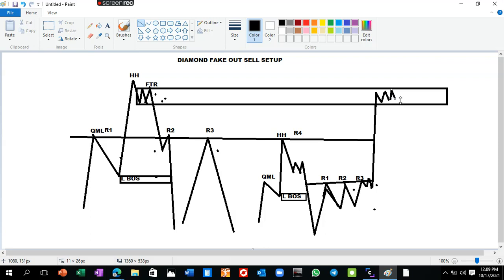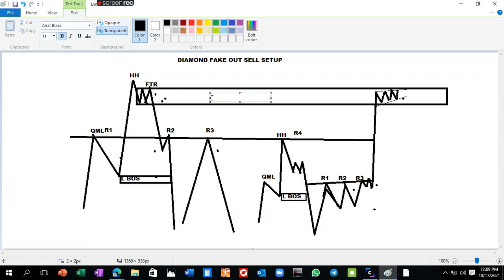Since we know the market is approaching our supply zone, the likelihood of price breaking to the lower side is high, and this being a rising wedge shows that the likelihood of price breaking to the lower side is even higher. And then this area here becomes our rally base drop supply zone, like that.